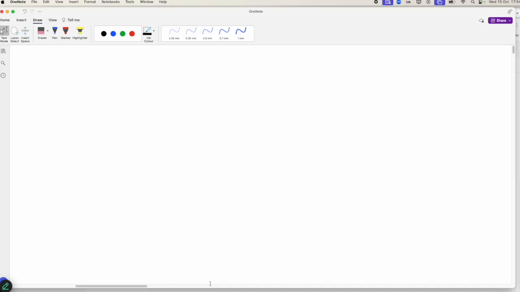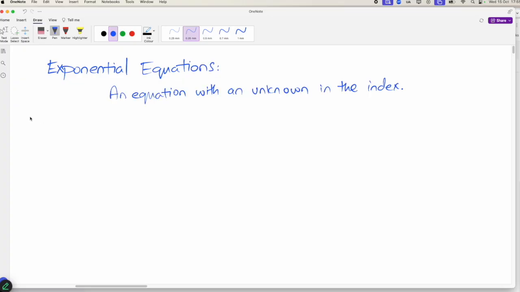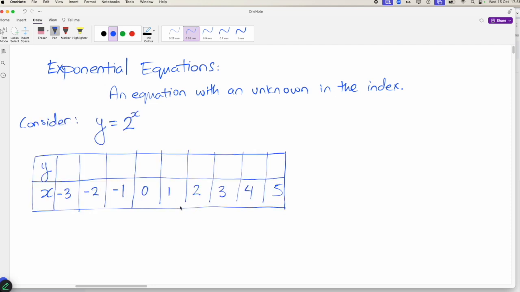So what we're going to be looking at now are exponential equations. Finish this table and sketch the graph for me.